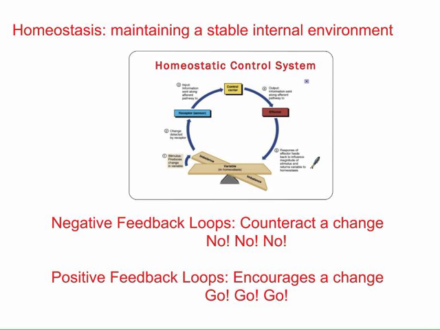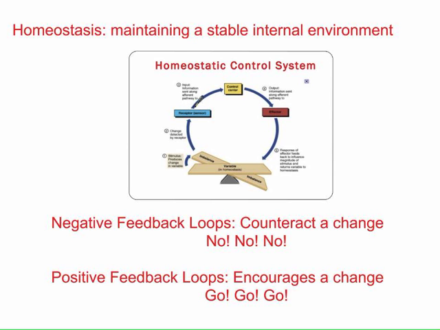Homeostasis is maintaining a stable internal environment. So basically we've got a variable, and I've provided a couple of examples in the next slide. But we have a variable, and if a change occurs and that variable becomes imbalanced, a sensor detects that.